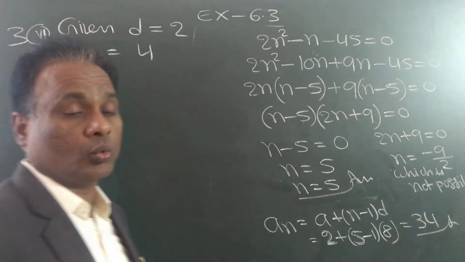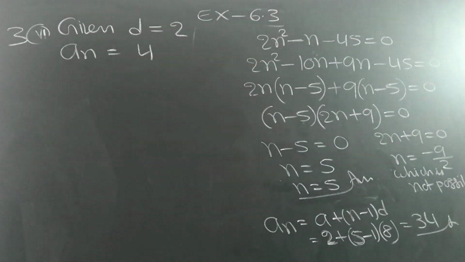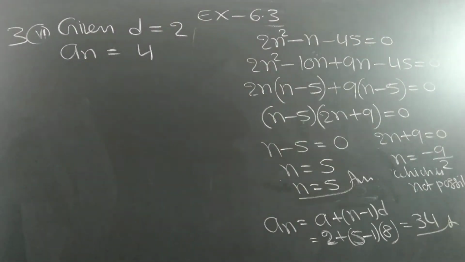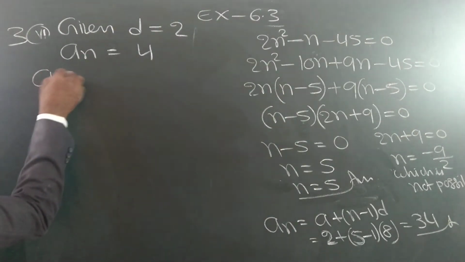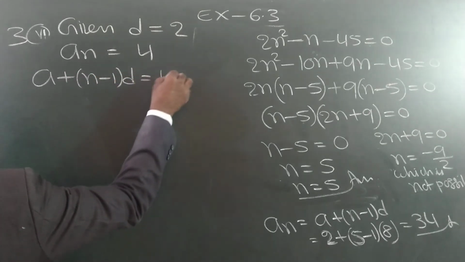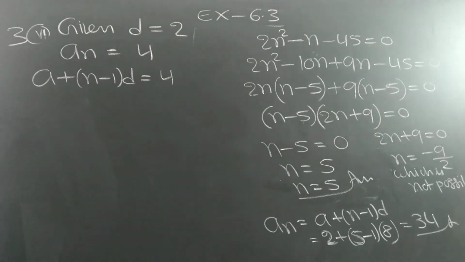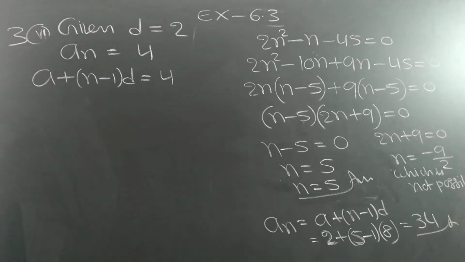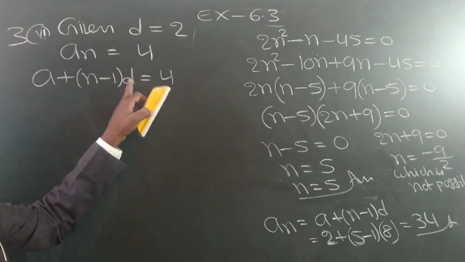See here. D is 2 and AN is equal to 4. SN is also given. I will take it later. First I will write the formula for the nth term. A plus n minus 1 into D is equal to 4. In this D is 2.